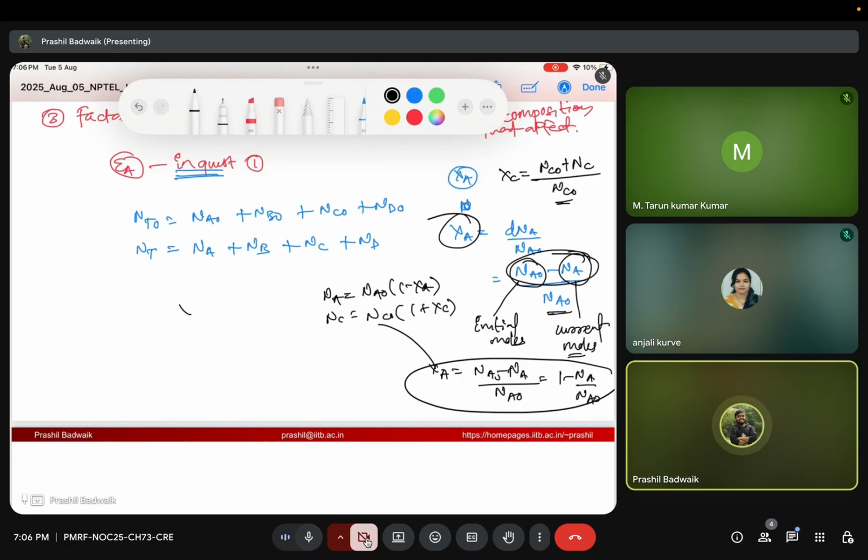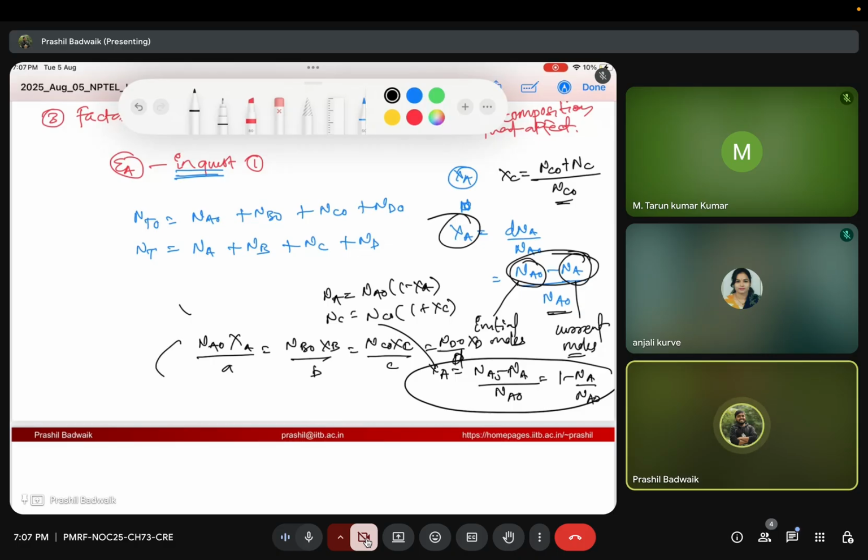And we also know the extent of reaction: na naught xa divided by a is equal to nb naught xb divided by b is equal to nc naught xc divided by c is equal to nd naught xd divided by d. How did you get this?